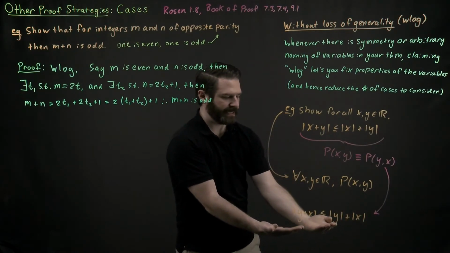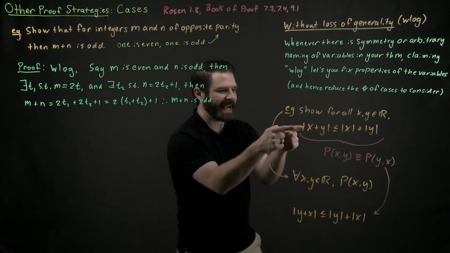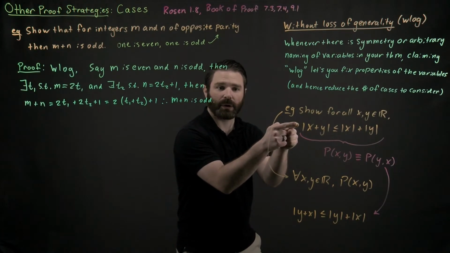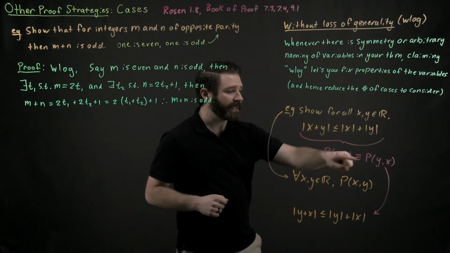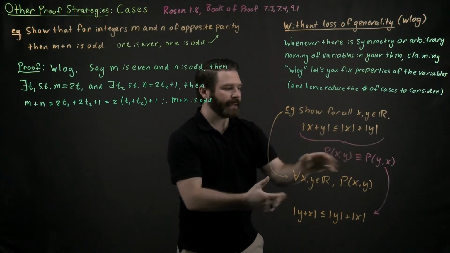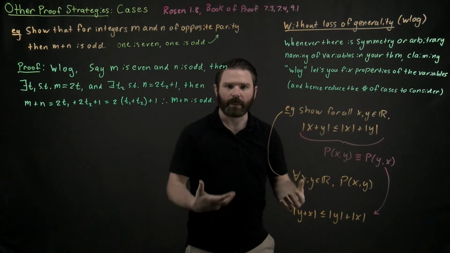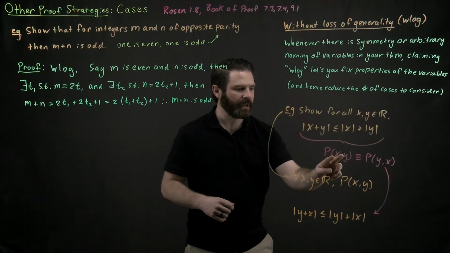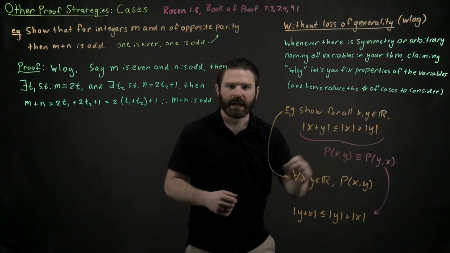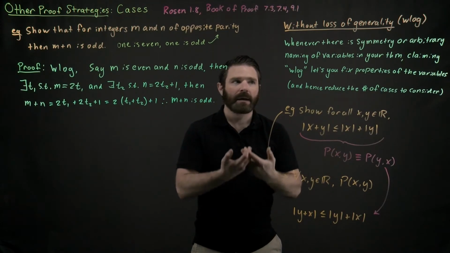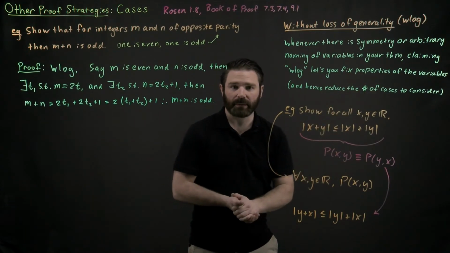And you notice this inequality right here is the exact same thing as that inequality. So I have some symmetry in the theorem that I'm trying to prove. My propositional function doesn't care about the order of this x and y. And that will allow me to then fix some property of these variables here.